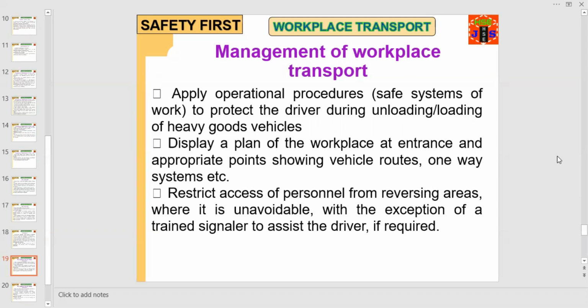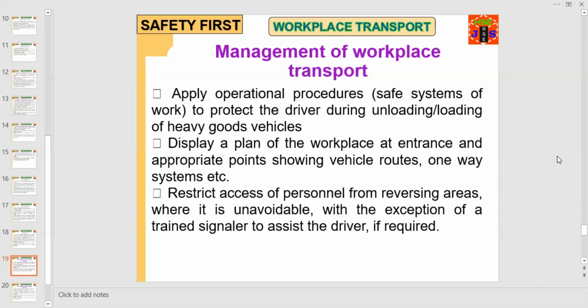Now, lastly, we have to bound all these elements in one single procedure or method. It is possible by applying operational procedures, safe systems of work to protect the driver during unloading and loading of heavy goods vehicles. Display a plan of the workplace at entrance and appropriate points showing vehicle routes, one-way systems, etc.